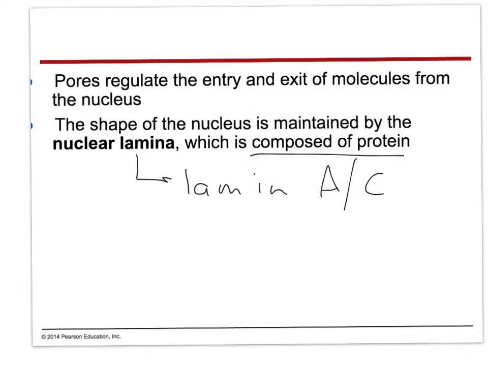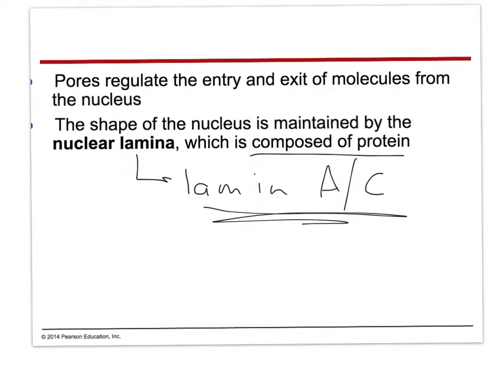Now, if I told you that there's a genetic disease in which this lamin A gene, what you have right here, is disrupted. If it's disrupted and it doesn't work the same as the normal gene, what would you expect to happen between different cells?